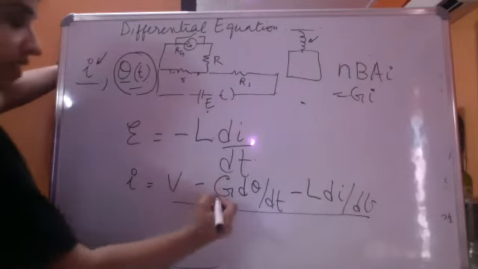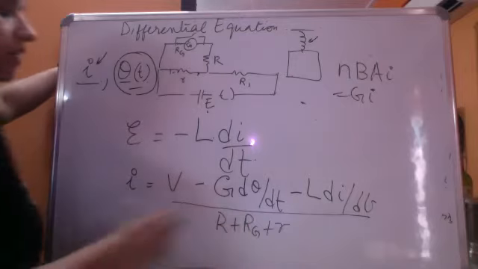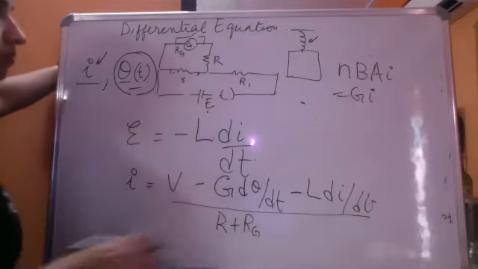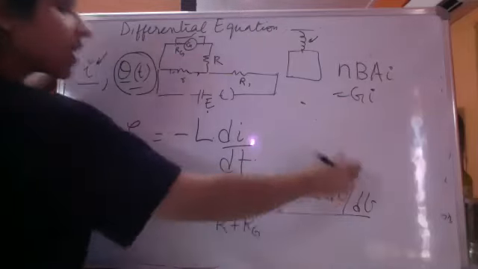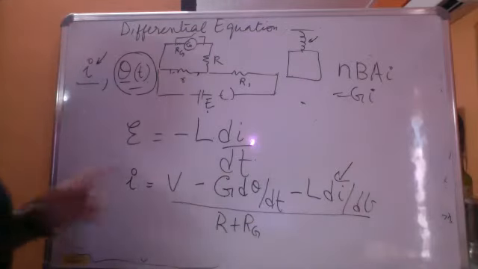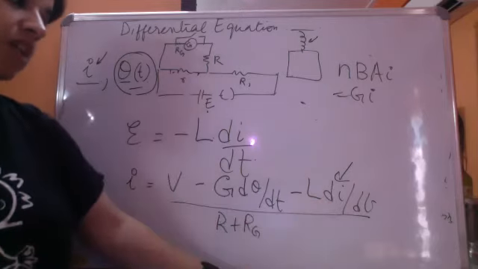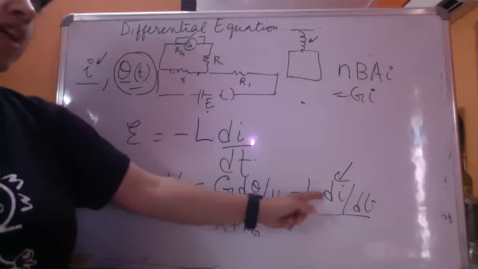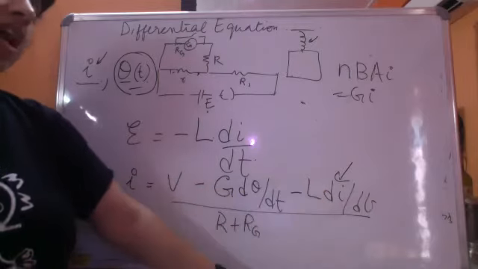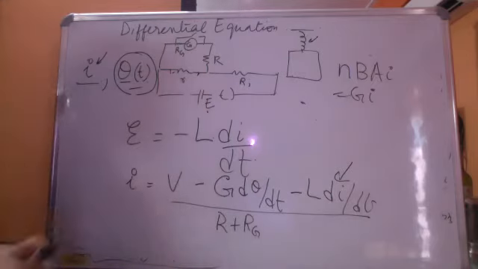Now the resistance in the circuit is again R plus Rg plus small r. Let's ignore this small r plus Rg. Now, if my current is a steady current, this term is going to be extremely small and is going to come into the picture only when I turn the battery on and off.